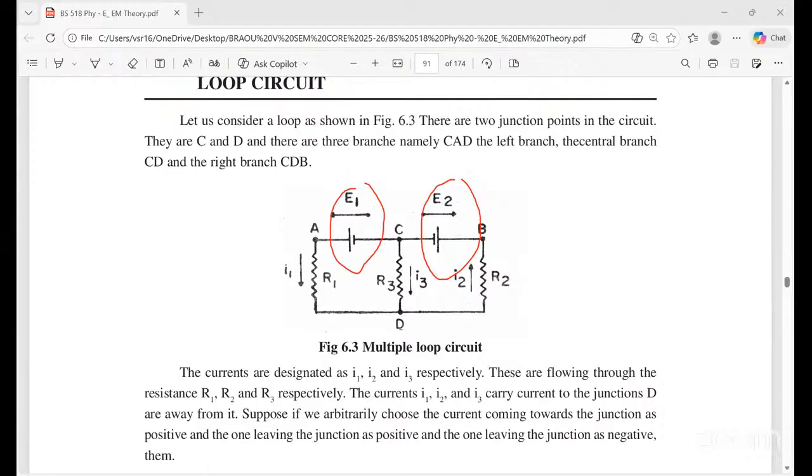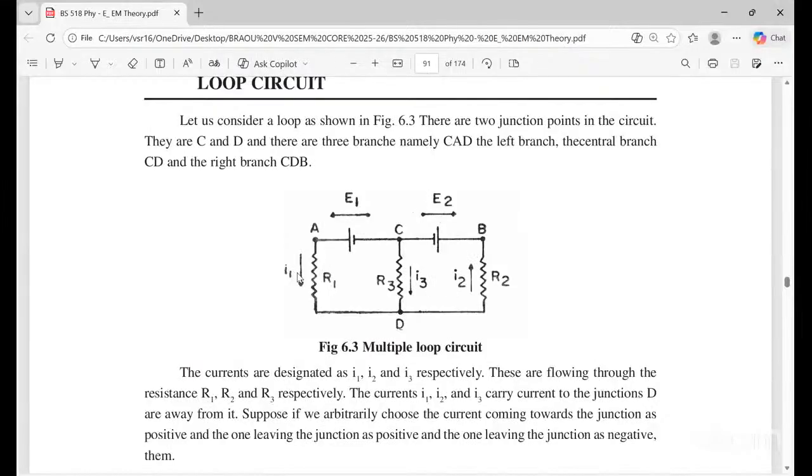So the thing is that you can go for it by considering this one. This is the EMF given in the first loop, and the other EMF is in the second loop.